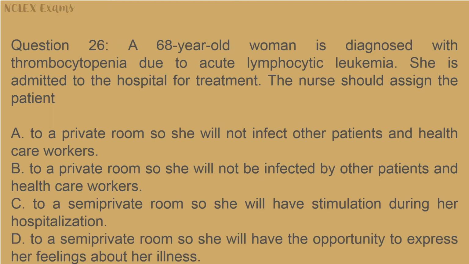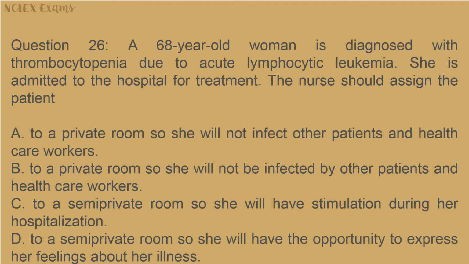Question 26. A 68-year-old woman is diagnosed with thrombocytopenia due to acute lymphocytic leukemia. She is admitted to the hospital for treatment. The nurse should assign the patient: A. to a private room so she will not infect other patients and healthcare workers. B. to a private room so she will not be infected by other patients and healthcare workers.